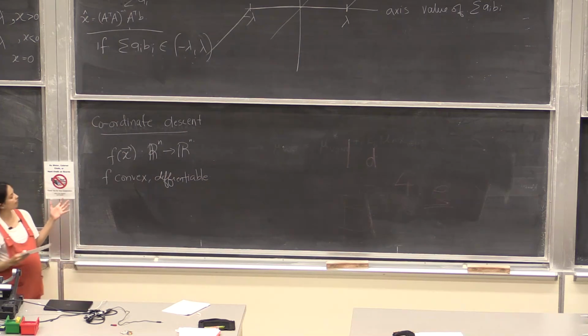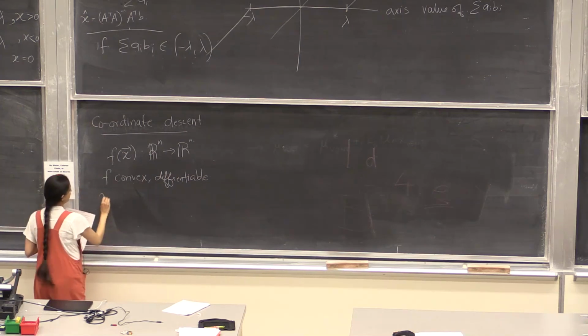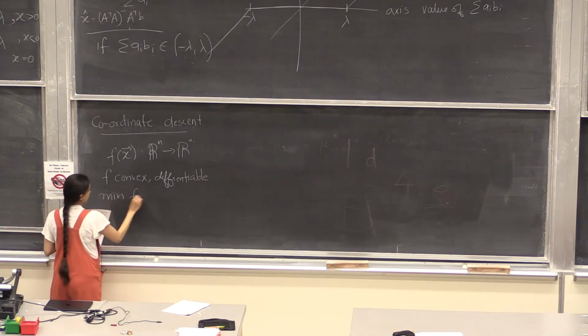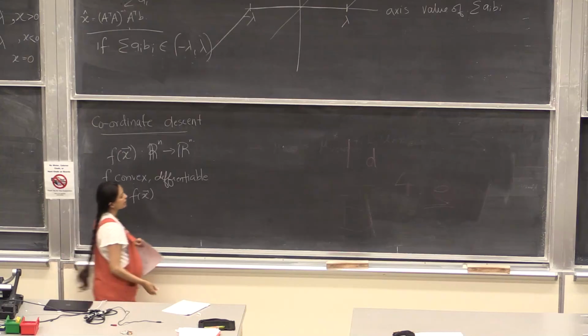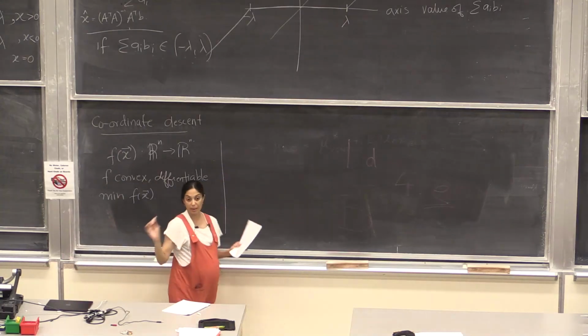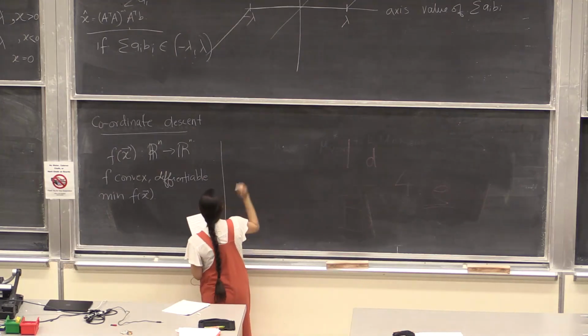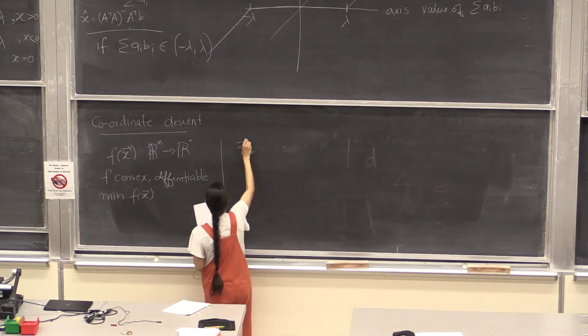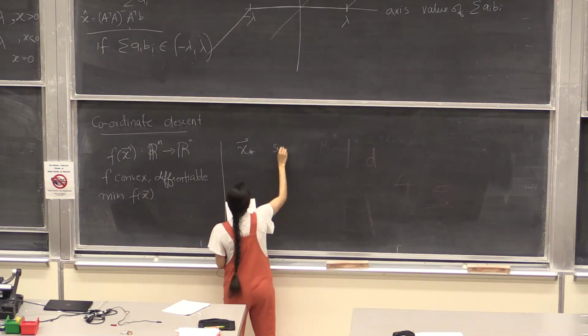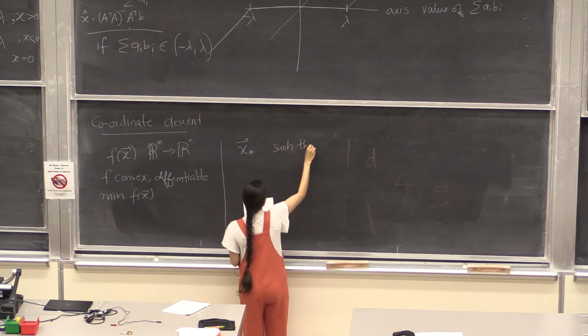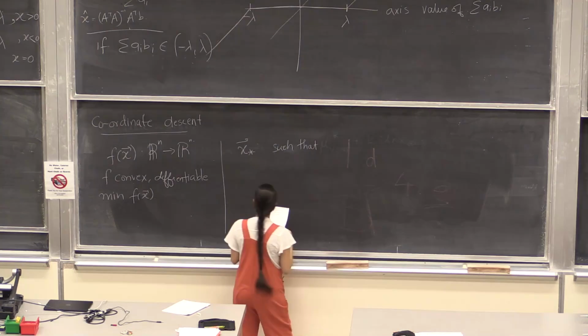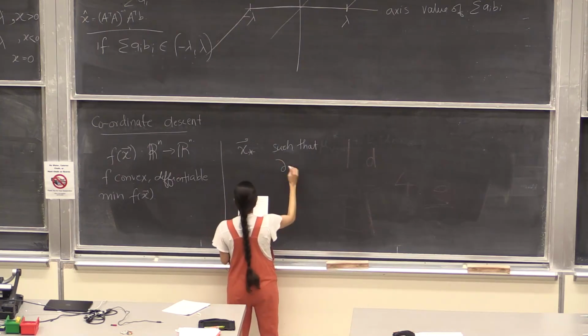I now want to find some x star. I want to minimize f of x. Let's say I found you, somehow by magic, an x star such that this is true.